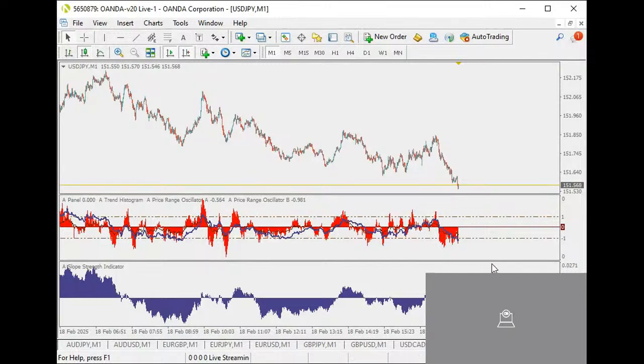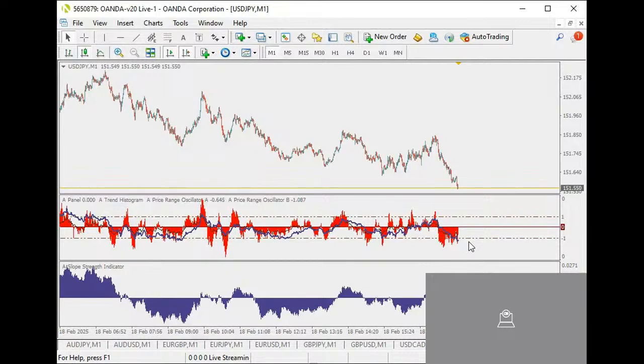So now that I've explained my oscillators a little bit, my lower panel indicators, let me go ahead and check my levels and see if there are any pairs. Actually, I did that about 15 minutes ago, and the only pairs that were showing good strength were the cable pairs.